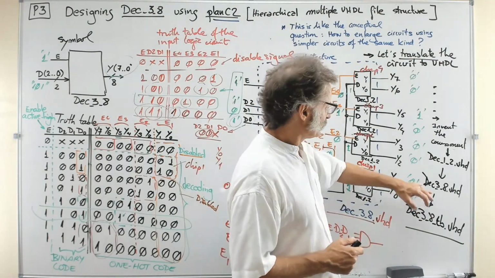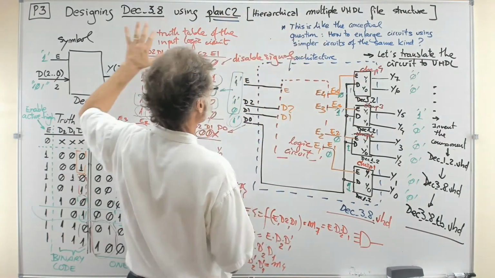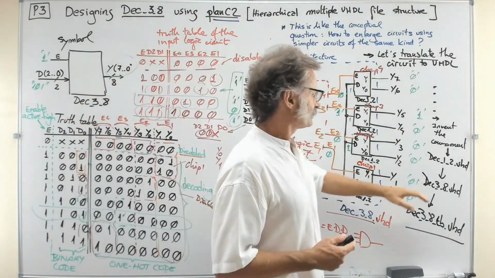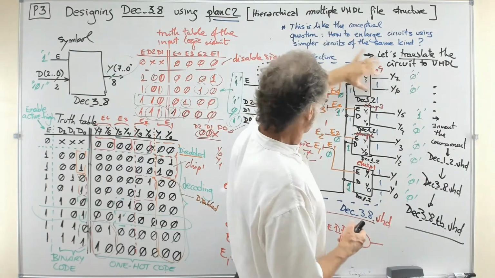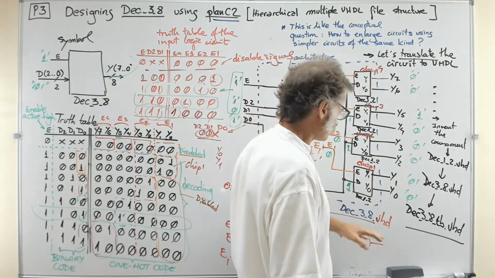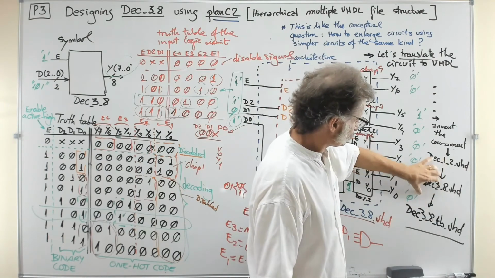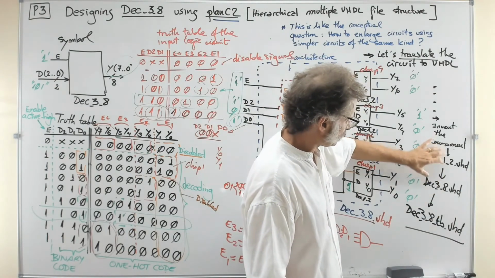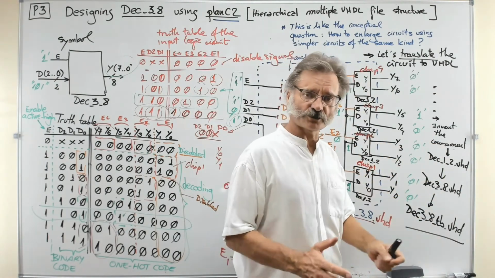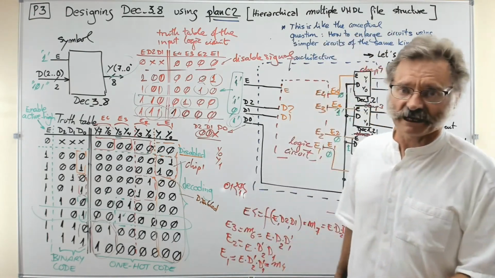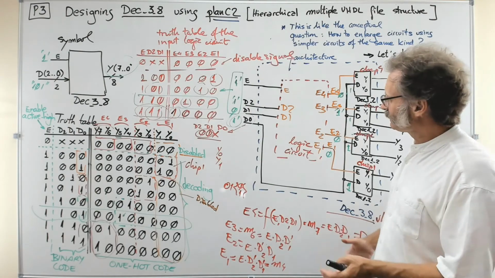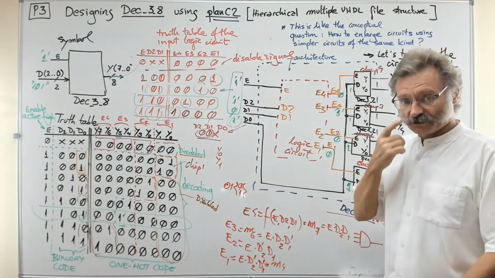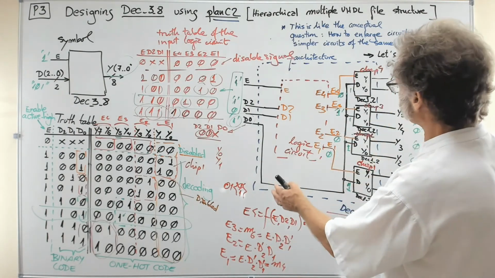So in the end it looks like that: the solution is a multiple VHDL file structure. You see the structure that we have designed. This is the top, this is the component, and this is the test bench. So this is a story of 3 VHDL files that you have to mix and compile all together to synthesize the circuit. So in the RTL view, you have to see the circuit.